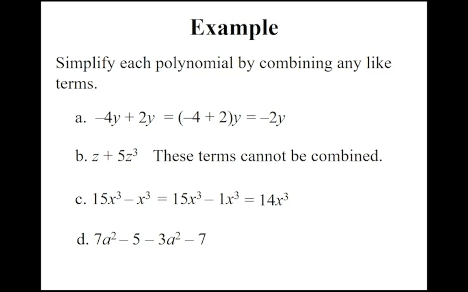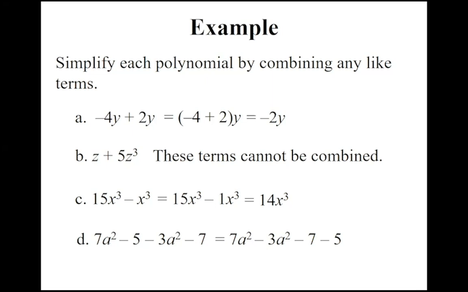And in part D, 7a squared minus 5 minus 3a squared minus 7. We have two sets of like terms. We have two terms that are a squared. We have two terms that are constants. We can pick up and move the terms so that the like terms are next to each other, but we are sure to move the sign in front, the sign to the left, with the term.